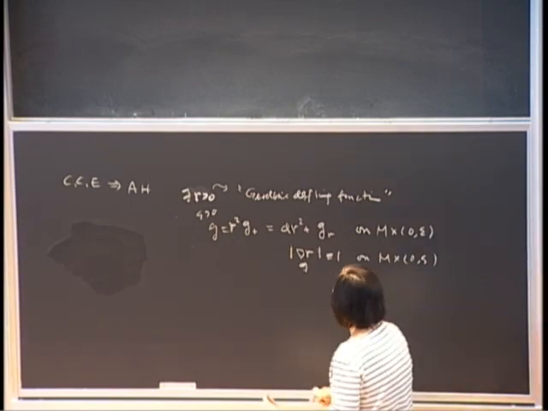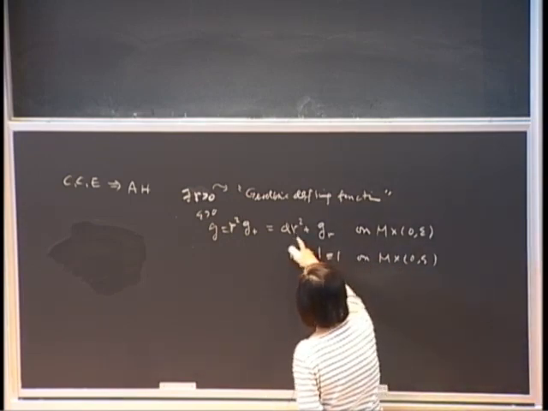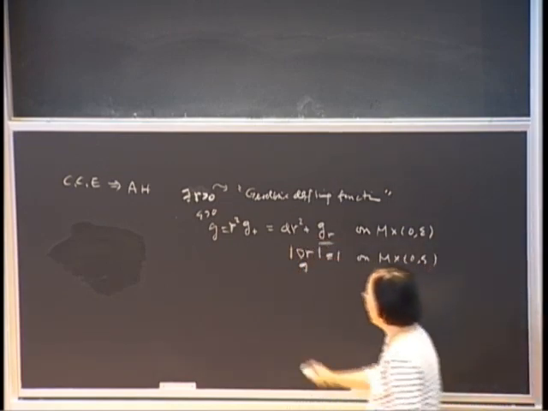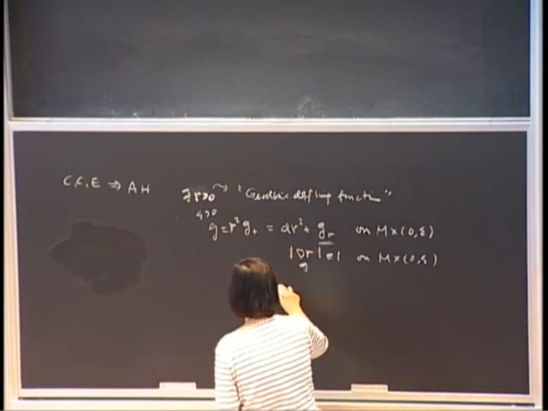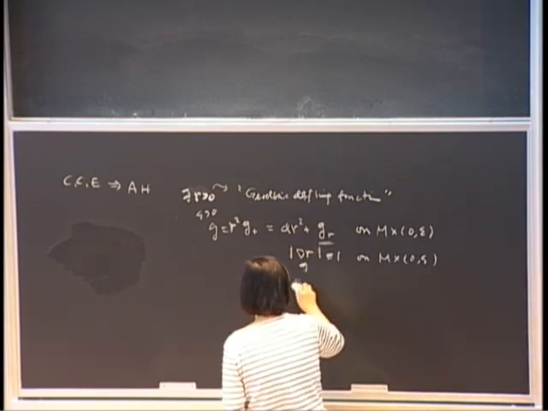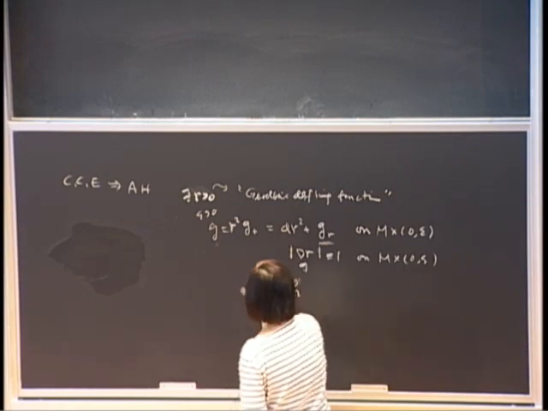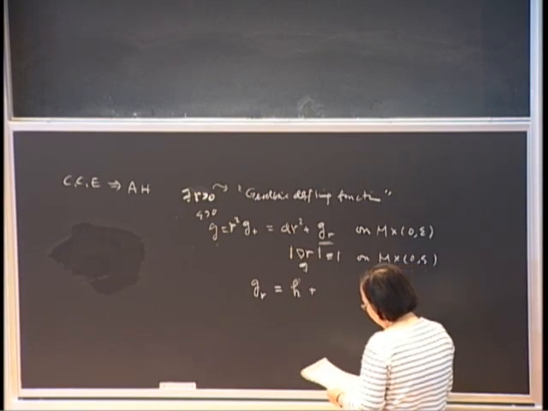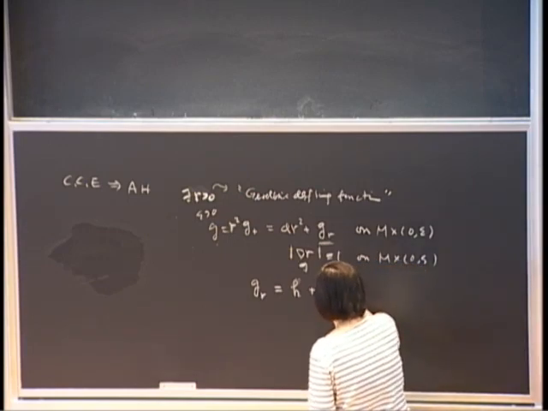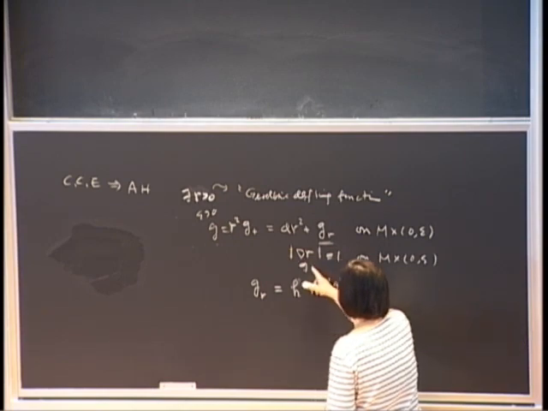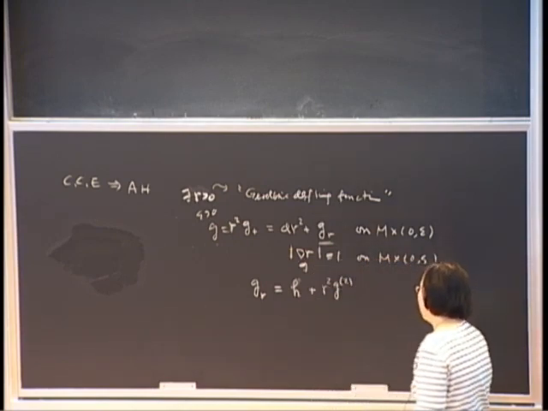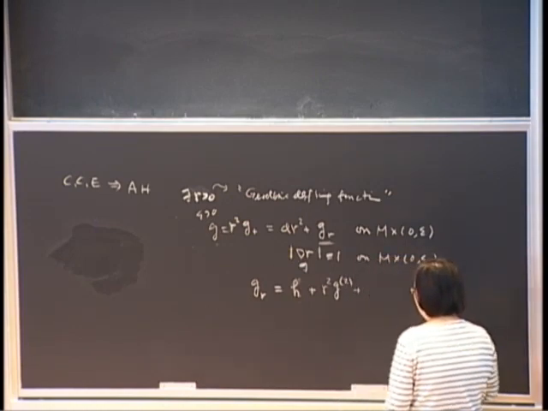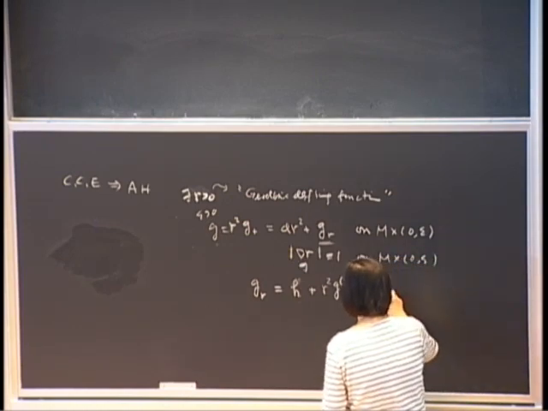And using this geodesic defining function, one can power series expand this G_R, and this G_R takes the following form. You have the boundary metric, which is G restricted to the boundary, and then there is this power series expansion, and since it's totally geodesic, the first order term is 0, and then there's the second order term, and if we are in n equal to 3, we have G3 and so on.